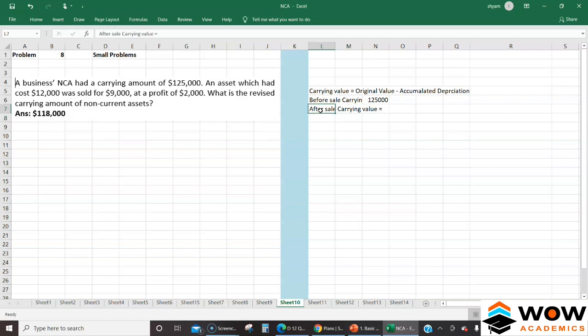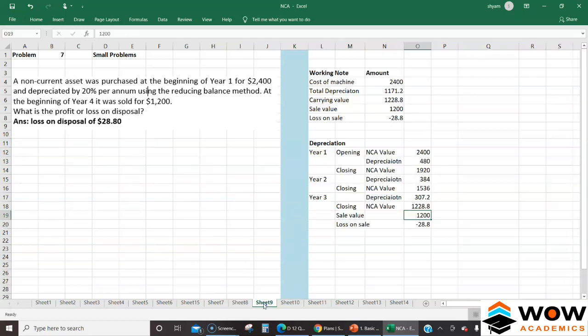Okay, two things we have to find. So first we'll find the carrying value. Okay, so the cost is given. So I think we could use our previous format itself, so it would be quite easy.